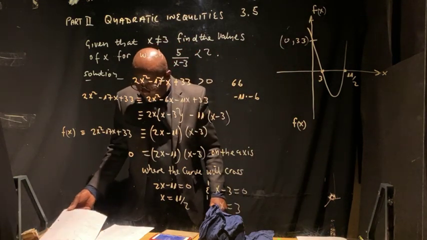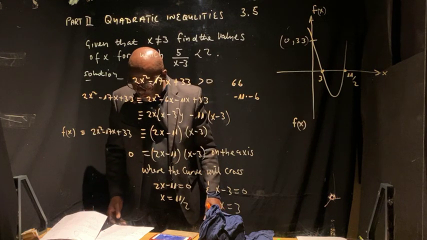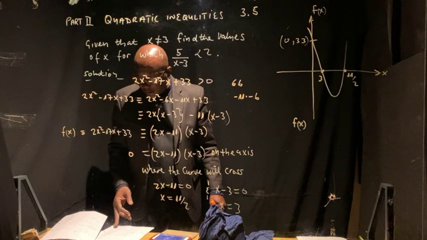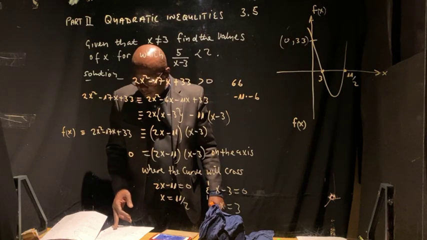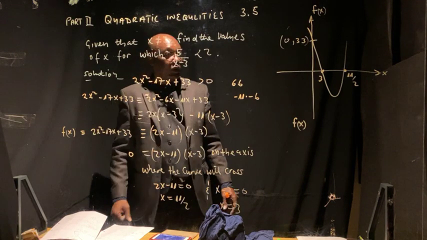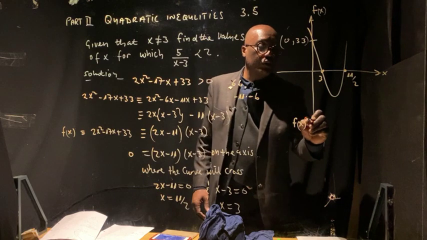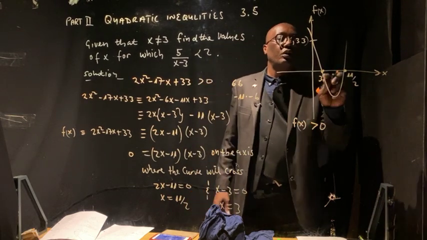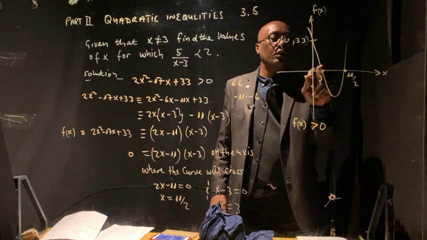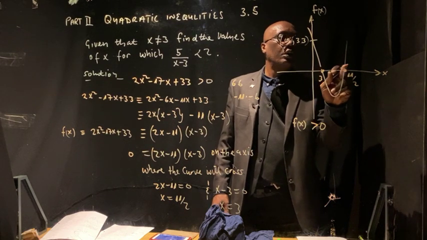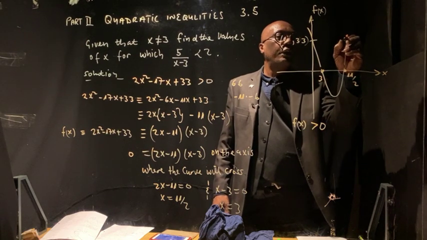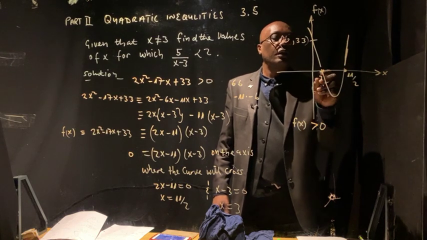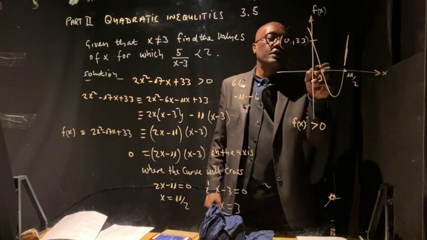But I think we said that f of x is greater than 0. F of x greater than 0 will be this portion, that part of the curve above the x-axis. So, it will be this section.